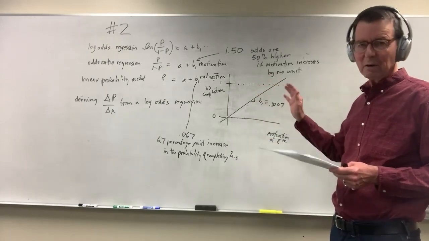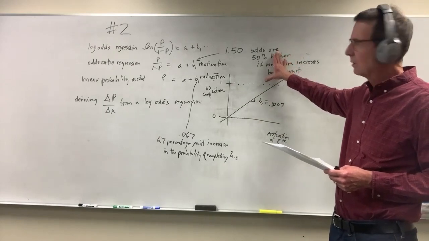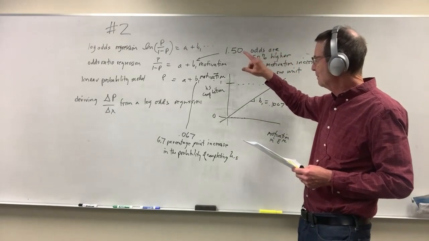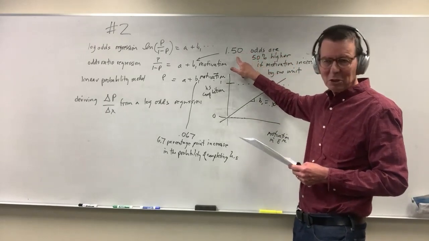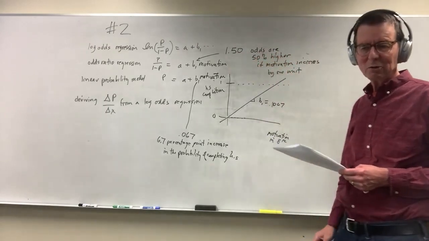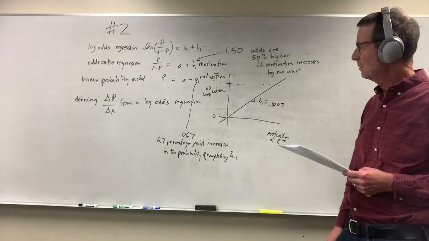And that's all very, very different from this odds ratio regression, where the coefficient that you get has no direct probability change interpretation. It only has a log odds or an odds ratio change, 50% in this case.